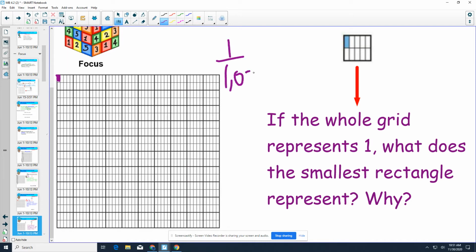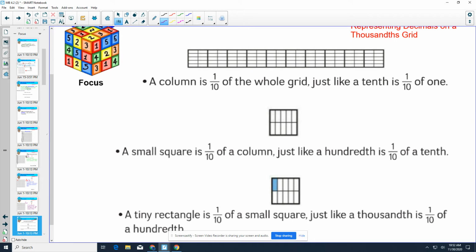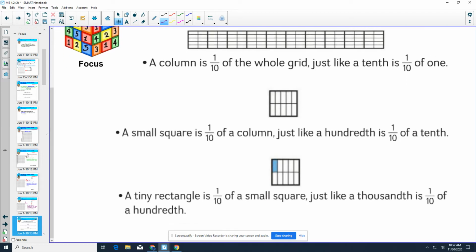So that'd be 1/1000th. Each one of those represents 1/1000th. Now, a column of 1/10 of the whole grid is just like 1/10 of 1. A small square is 1/10 of a column, just like 100th is 1/10 of 10. A tiny rectangle is 1/10 of a small square, just like 1,000th is 1/10 of 100th.